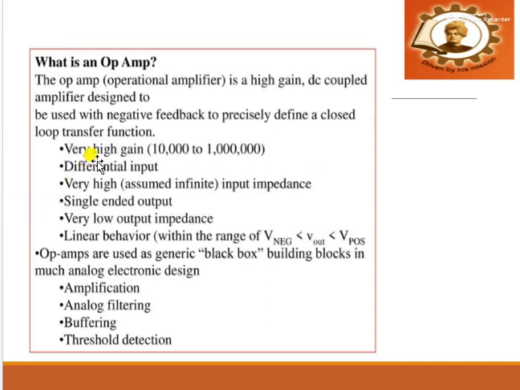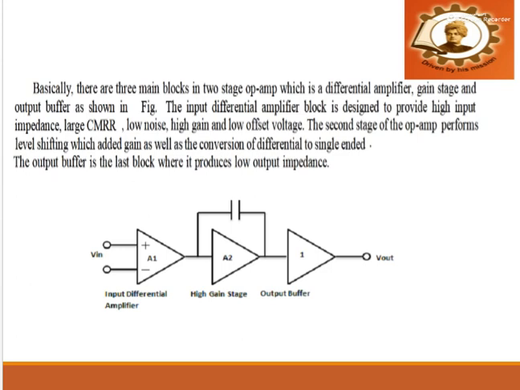It has high gain, differential inputs with very high input impedance, single-ended output, and very low output impedance. What is the application of the op-amp? It is widely used for amplification, analog filtering, buffering, and threshold detection circuits. Now let us move on to the structure of an op-amp.